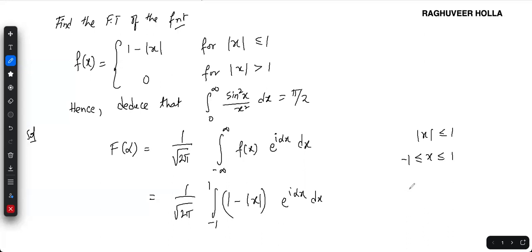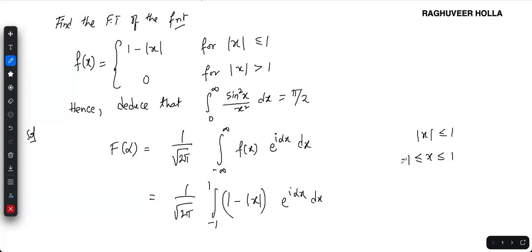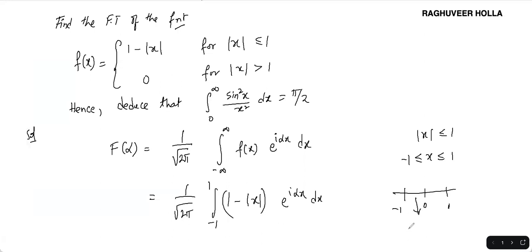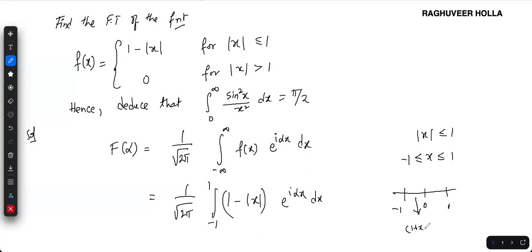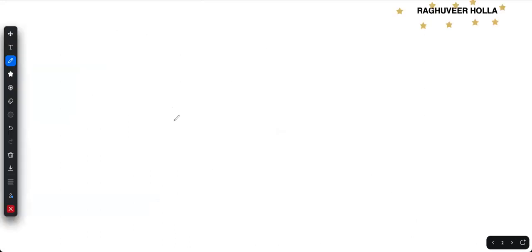Since mod x is this, we can take two conditions: minus 1 to 0, and 0 to 1. Here the function is 1 plus x. Here the function is 1 minus x. So let us take that.